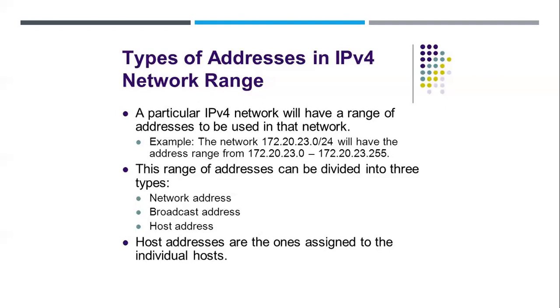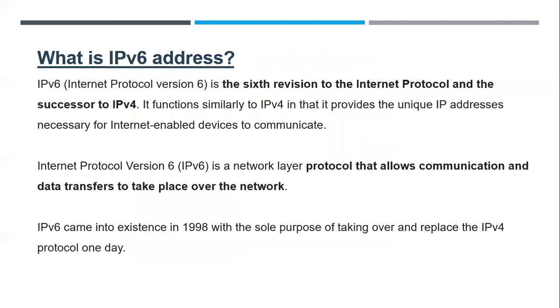When you immerse yourself in the networking part and read more, you will be in a position to understand what we mean by the network address, broadcast address, and the host address. But here we are concentrating on the host address because that is the address assigned to the individual host. That is just an example of an IPv4 address.